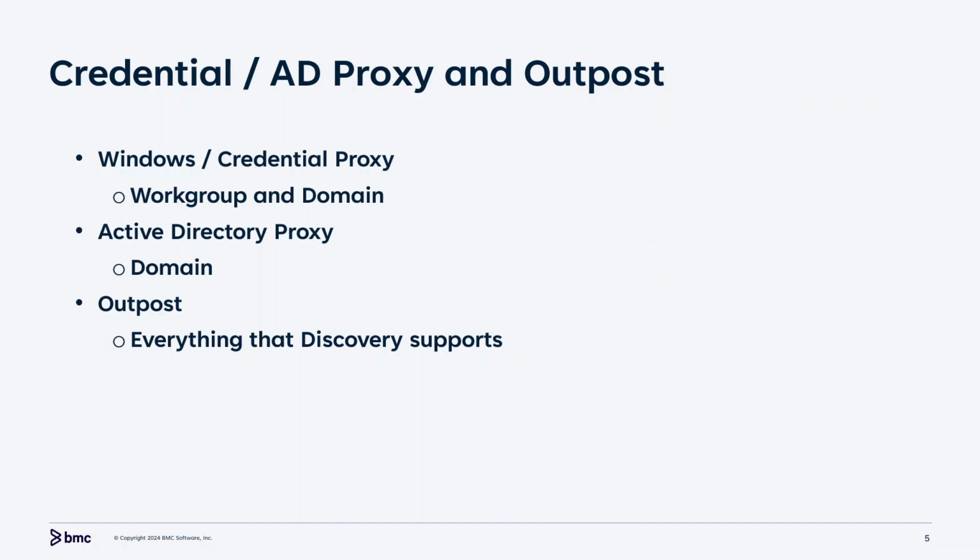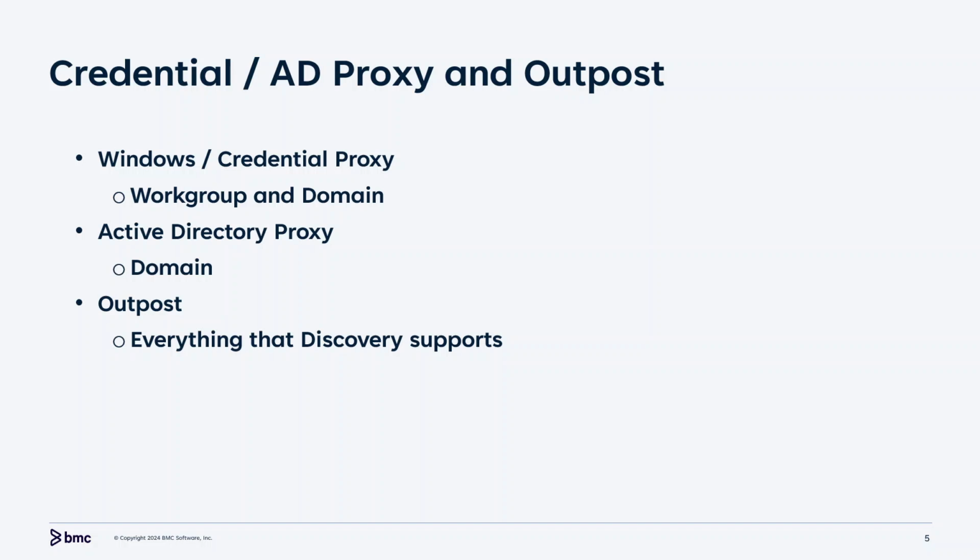The targets are accessed by using a variety of methods. Now for Windows, the same methods that we discussed in the previous slide will be used. However, Outpost has the capability of discovering everything that an appliance can discover. That is your Linux, your SNMP devices, your cloud infrastructure, storage devices, anything that an appliance supports can be discovered using the Outpost as well.